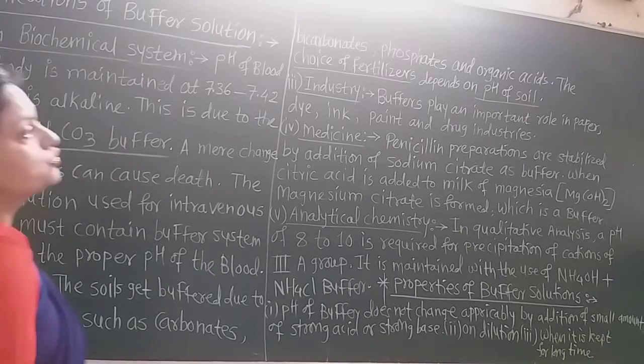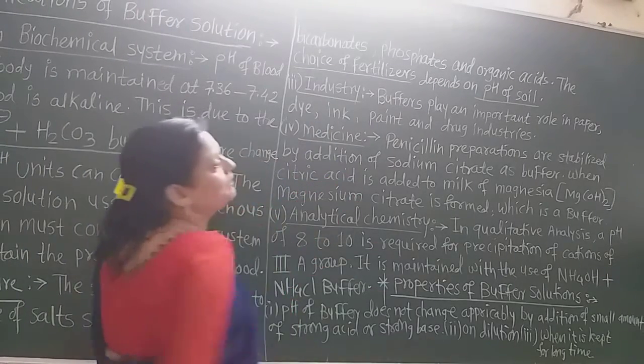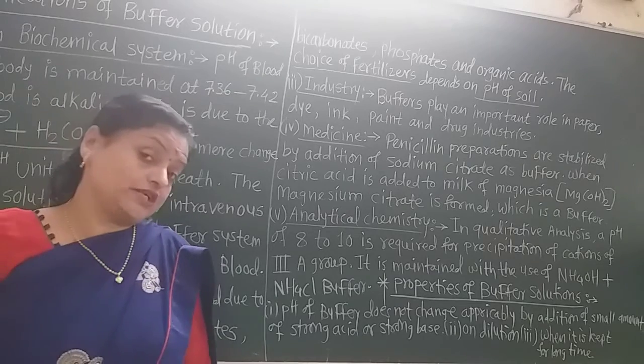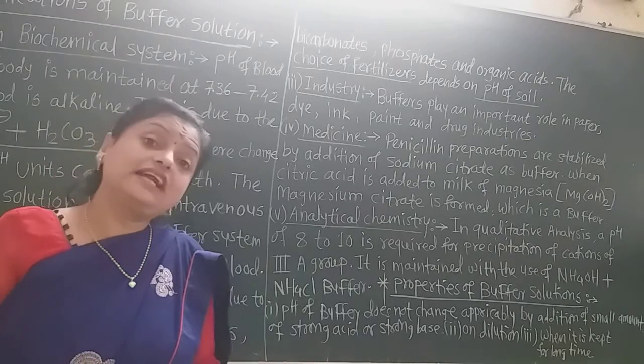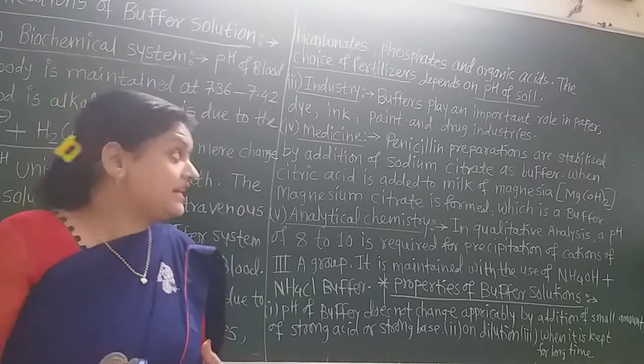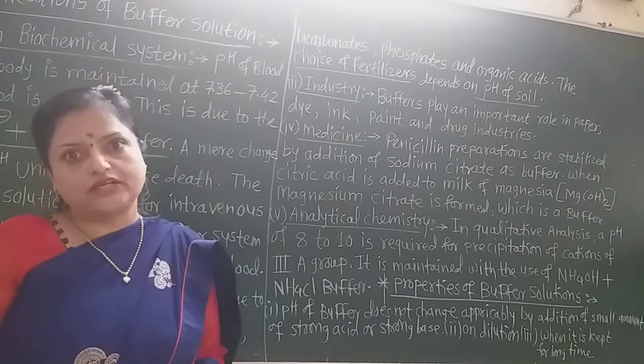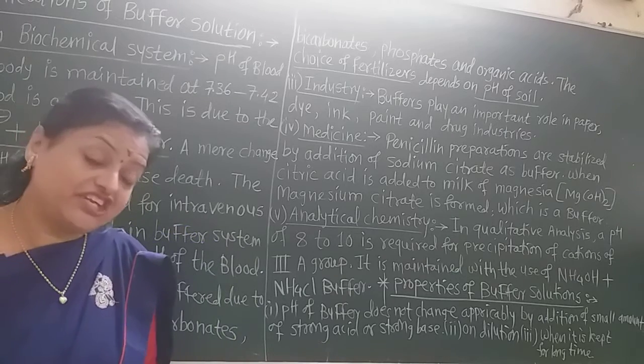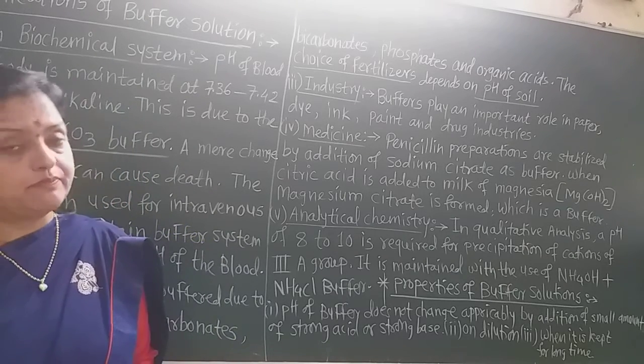Therefore the choice of fertilizer depends on the pH of the soil. Which type of fertilizer we have to use in that soil depends on the pH of that soil. So that is a very important application of buffers in agriculture.